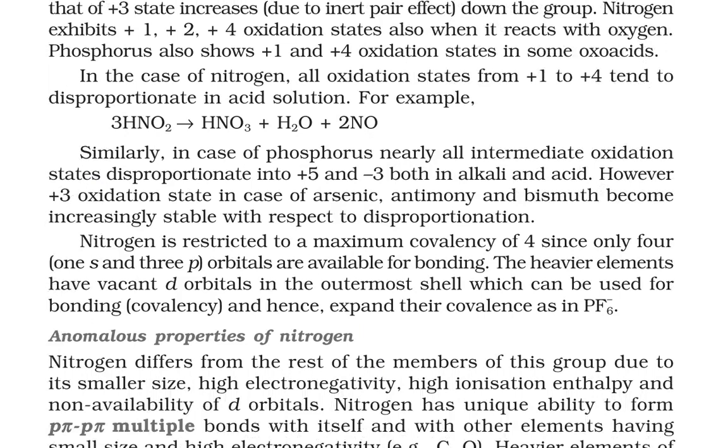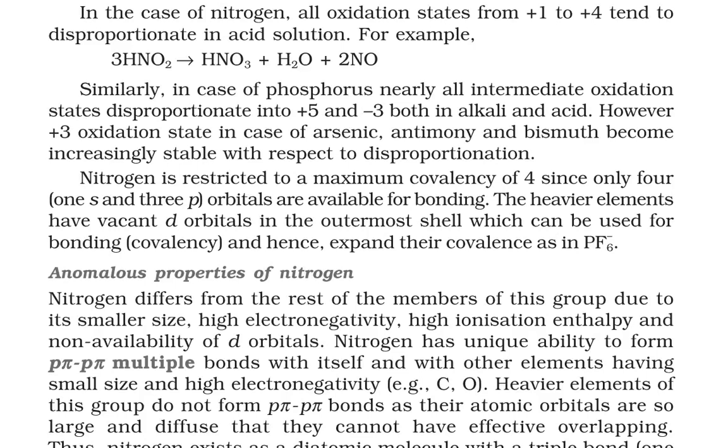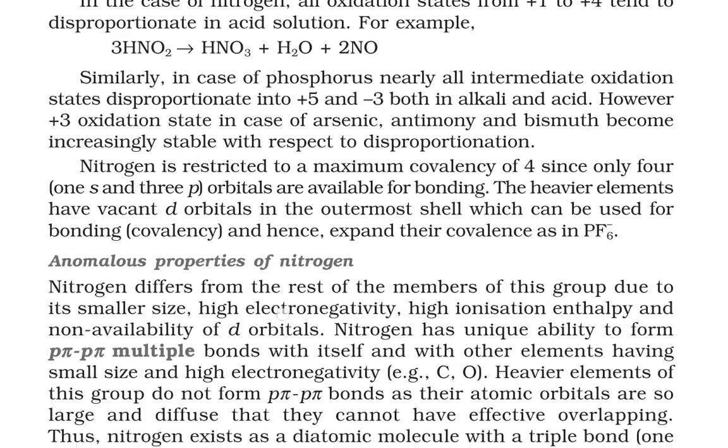This means that oxidation and reduction take place in the same compound, HNO2 is undergoing oxidation as well as reduction. Similarly, in case of phosphorus, nearly all intermediate oxidation states disproportionate to +5 and -3, both in alkali and acids. However, +3 oxidation state in case of arsenic, antimony and bismuth becomes increasingly stable with respect to disproportionation.